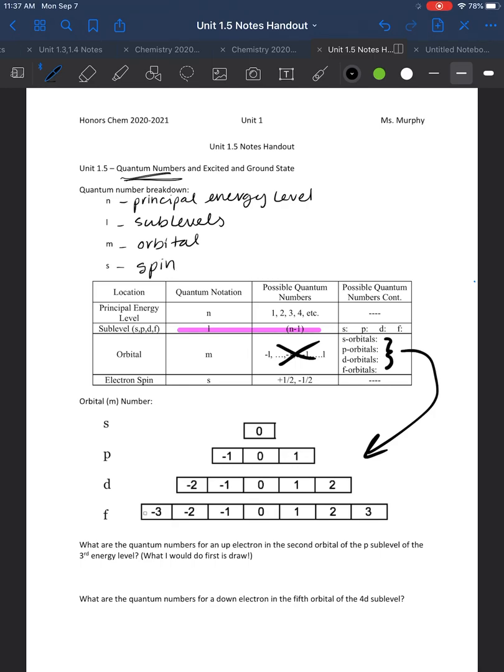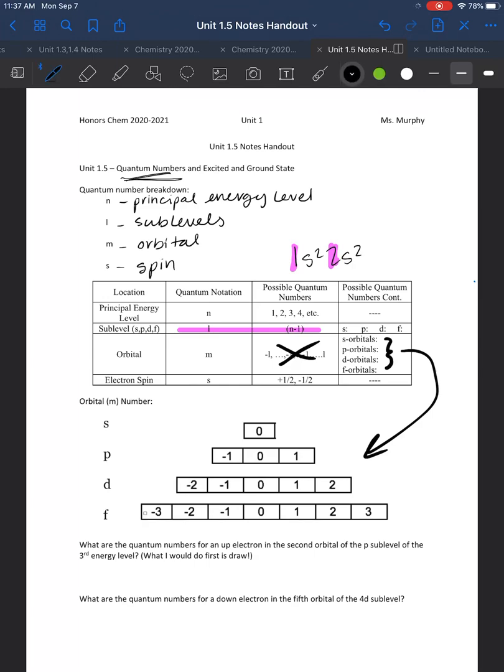So the biggest thing I want you to get out of this table is that N is just whatever principal energy level you are. For example, if you have something like 1s2, 2s2, these numbers out in front, the 1 or the 2, are your principal energy levels. So you would just put n equals 1 or n equals 2, depending on what electron you're talking about.